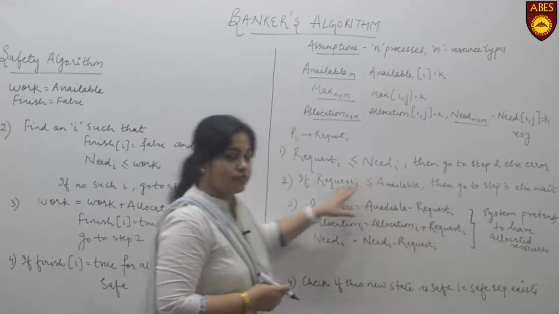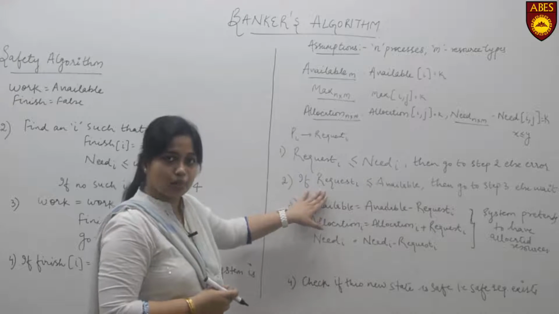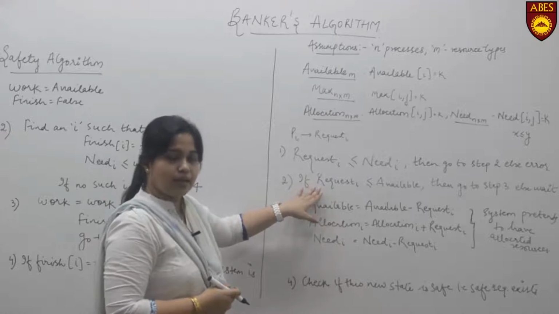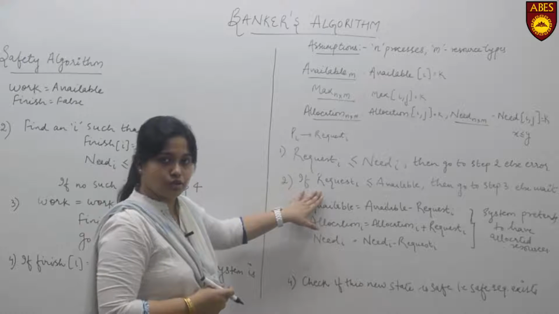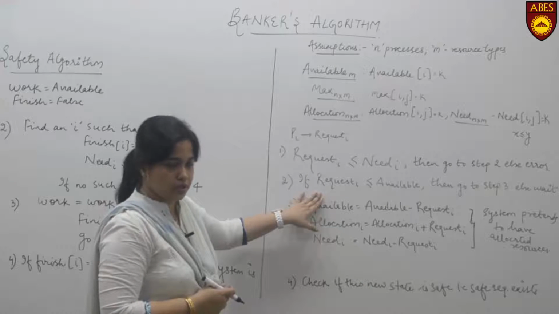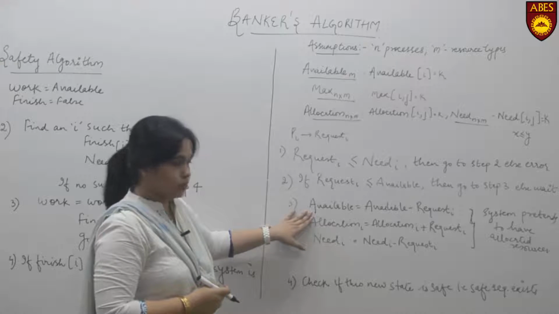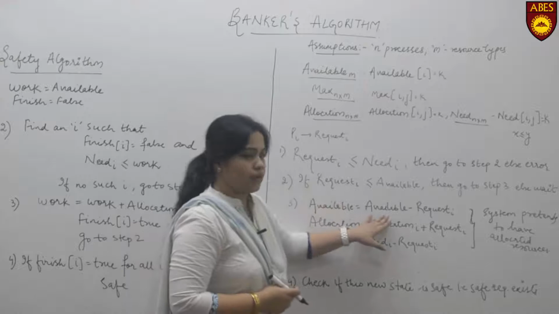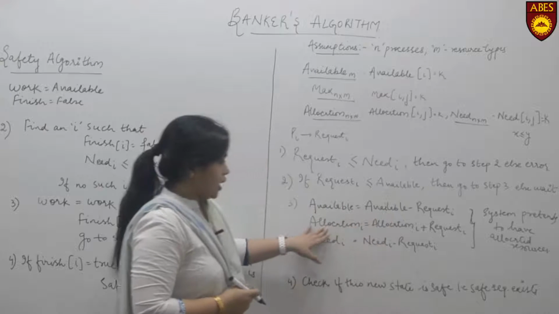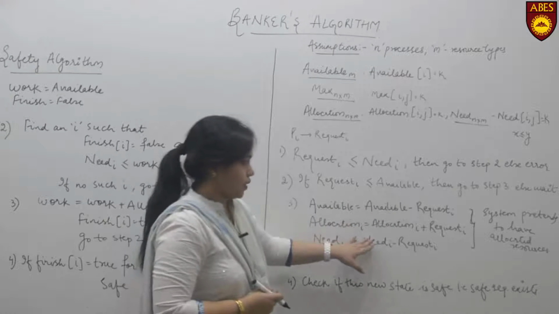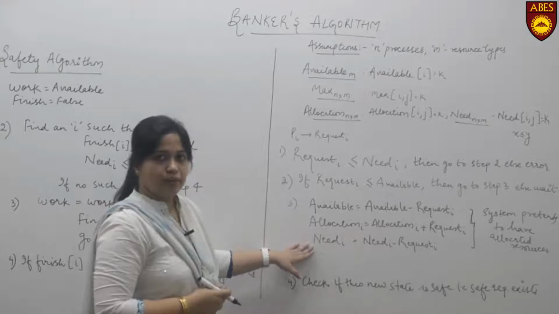That means if the request is less than the available, then the system can grant the resources to the processes immediately. If available, then the matrices will change accordingly: available equals available minus request, allocation equals allocation plus request, need equals need minus request.